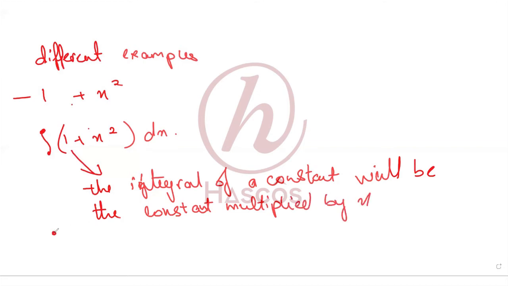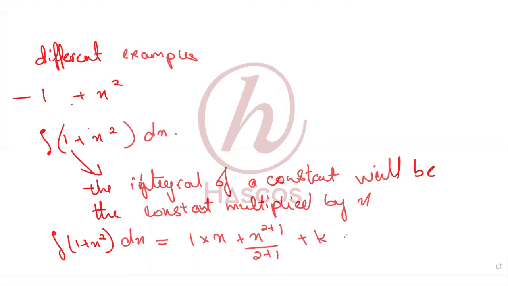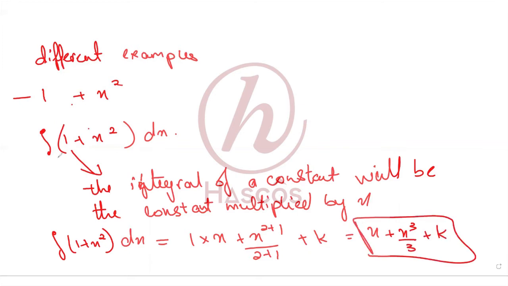For example, when we start integrating 1 plus x squared dx, we get 1 times x plus x to the power 2 plus 1 over 2 plus 1 plus k, and then this becomes x plus x cubed over 3 plus k. And this is what we get when we integrate this.